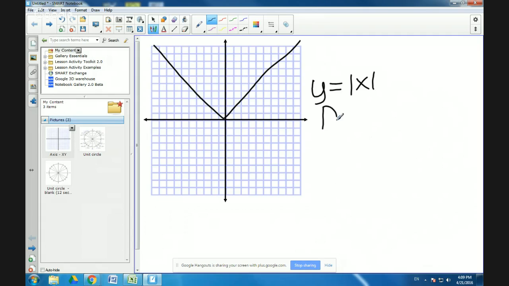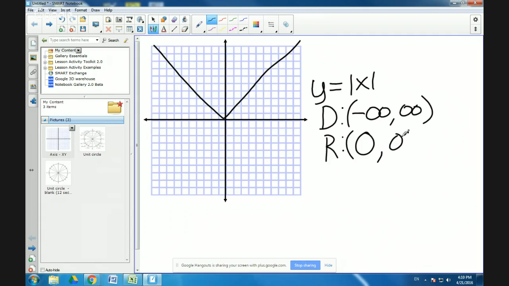The domain you can find for this one is from negative infinity all the way to infinity. The range is from 0 all the way to infinity, because anything inside an absolute value is going to be positive. As you can see here, it only reaches 0. It will never go under that point.